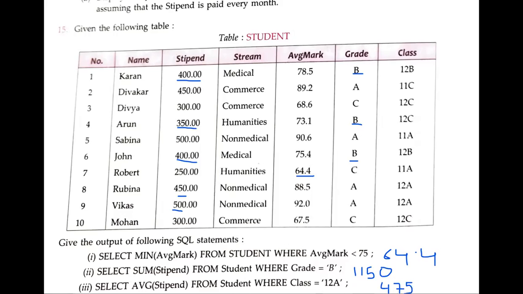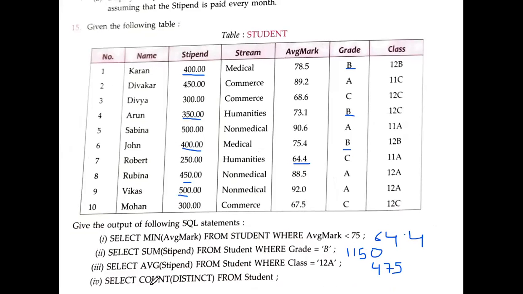Okay, then last question of today, which is wrong. Count distinct from student. This is a wrong question. So I'm just making a little bit of change. I'm writing here distinct, then space stream.